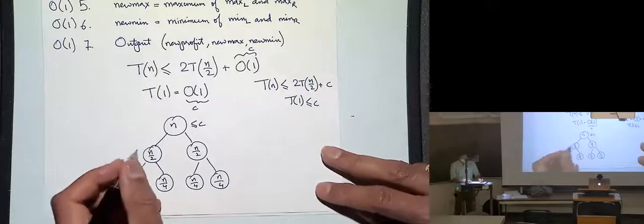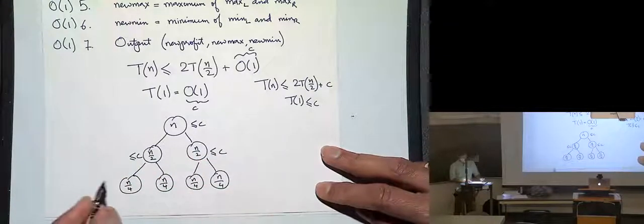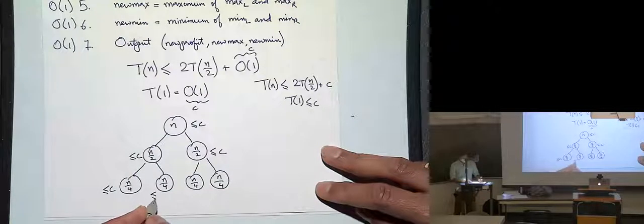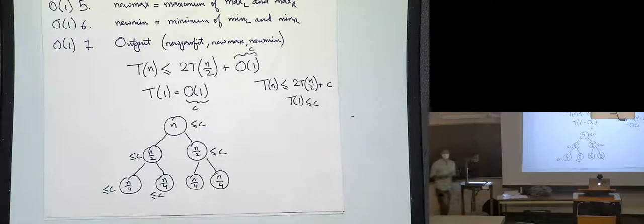Still C. It's different. Previously, the combined work was decreasing as you went down. Now the combined work is actually constant.